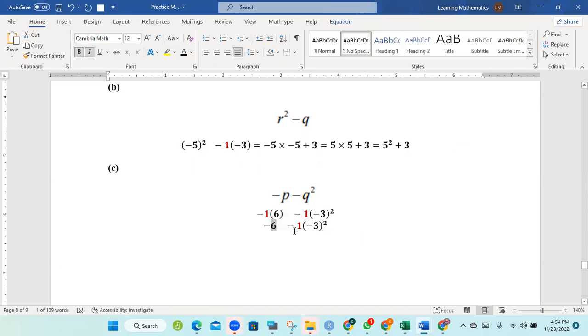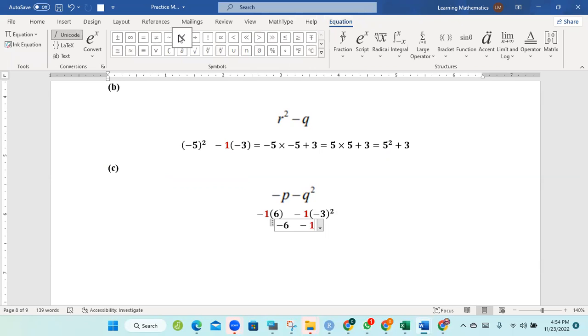Now, according to BEDMAS, we have to do the exponents before we multiply. Exponentiation comes before multiplication. So this -1 has to stay there, and we have to do the -3 times the -3. We have to exponentiate before multiply. So we keep that -1 still, but we have to work out this power there.